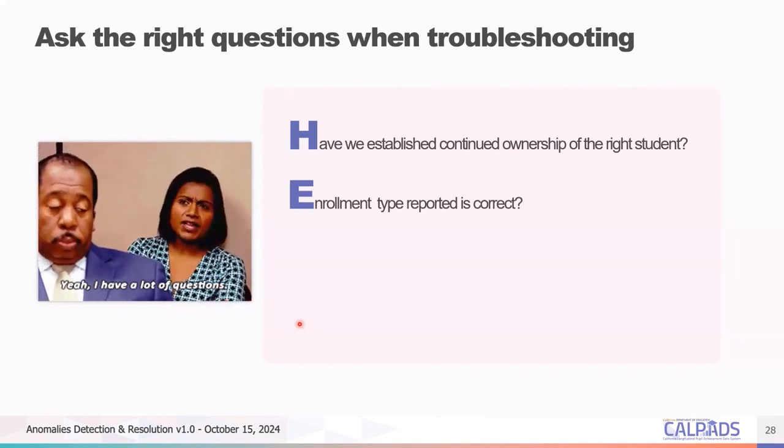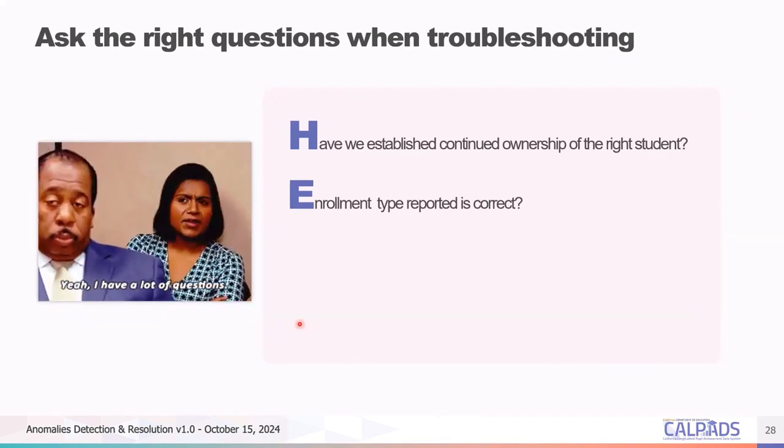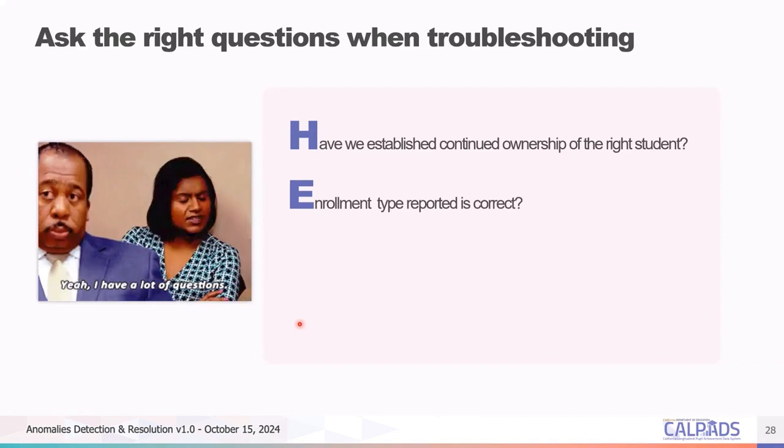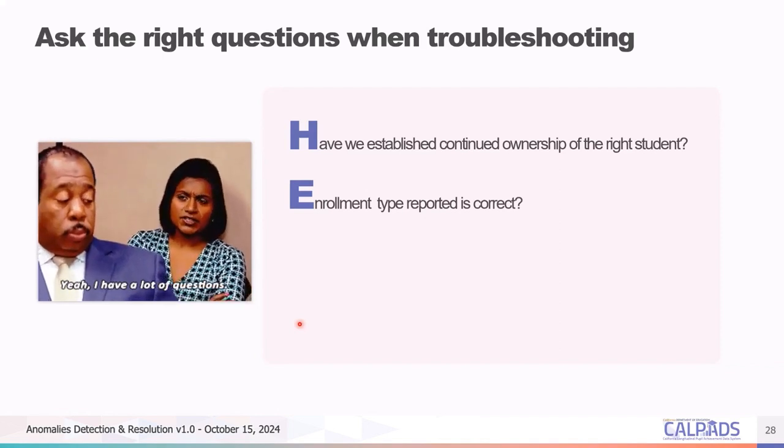Is it correct, right? So if we have an overlap and there is a struggle between resolving the CCE because the other LEA is saying, oh, this same student is attending classes here, how do you manage that enrollment? So you have to figure out the enrollment type that you guys should be using.